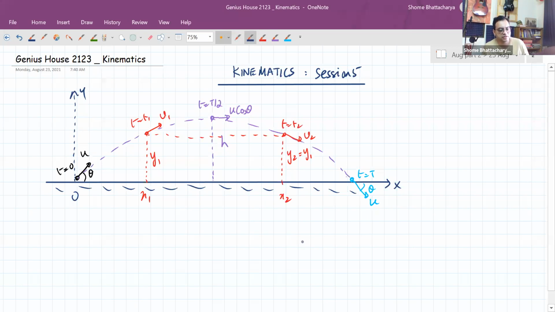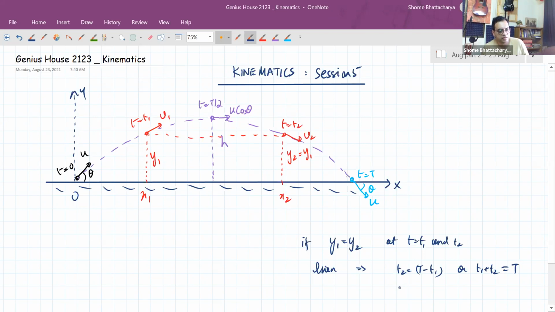So we had seen that if y1 is equal to y2 at t equal to t1 and t2, then it automatically implies that t2 is equal to capital T minus t1, or t1 plus t2 is the total time of flight.